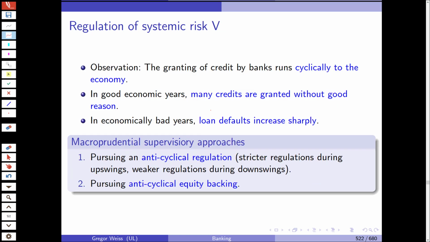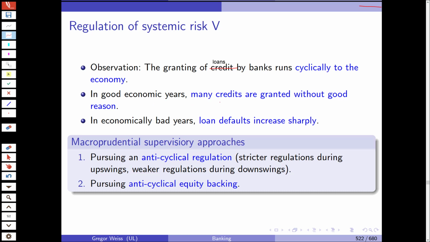First observation: the granting of loans by banks runs cyclically to the economy. Let's correct this again here. If we grant loans to companies, this is cyclical to the economy.